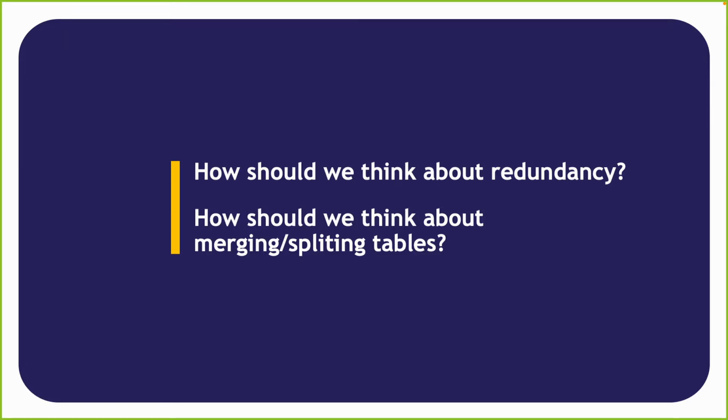So to do that, we should think about how we define data redundancy, how we can infer it, what the implication of different types of data redundancy is to your database design, and how we should precisely think about merging and splitting relations in your logical design.